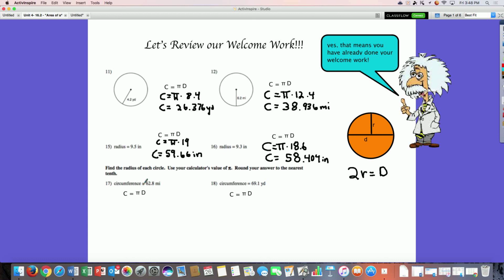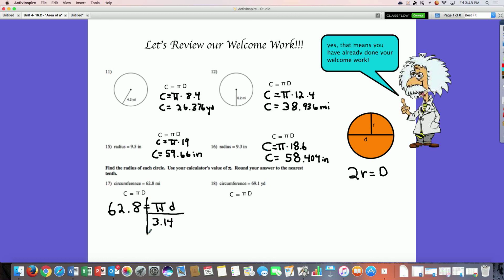All right, then you've seen a couple of these problems. What they do, they tell you the answer. That's why I say always write the formula, C equals pi d, because they're telling us it's 62.8 equals pi times d. And we don't know the d, do we? That's what we got to solve for. So we're going to divide this side by 3.14 because we know how to do two-step equations.